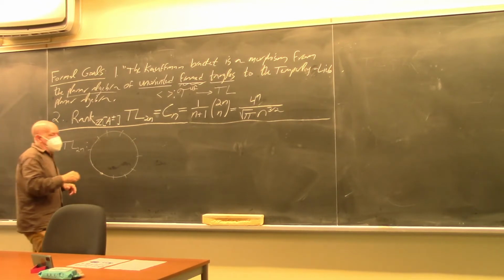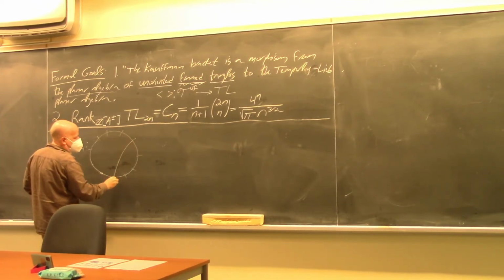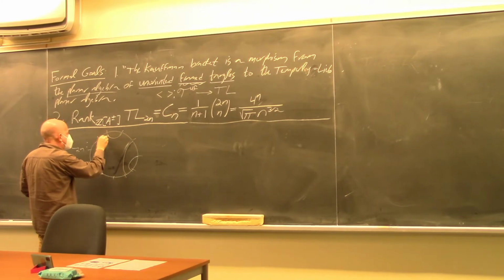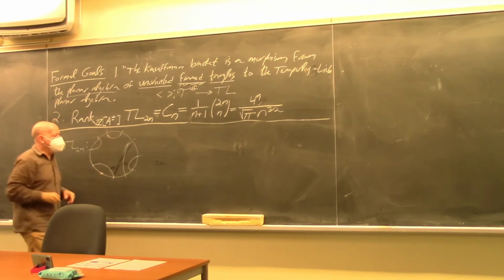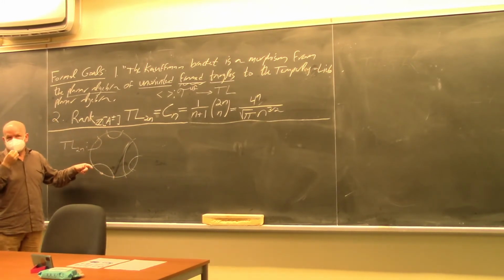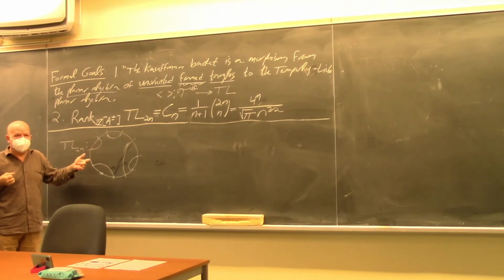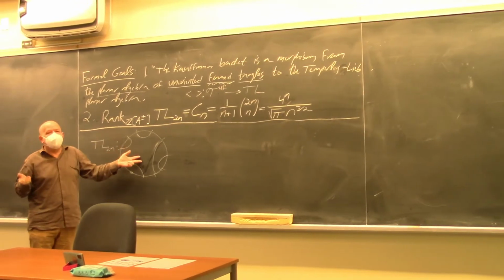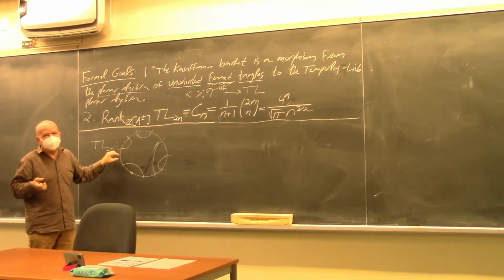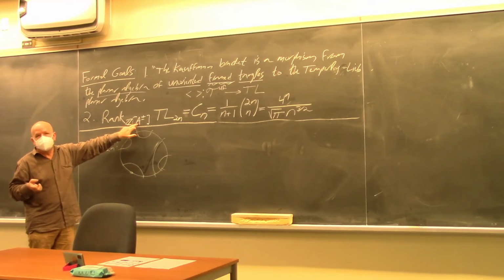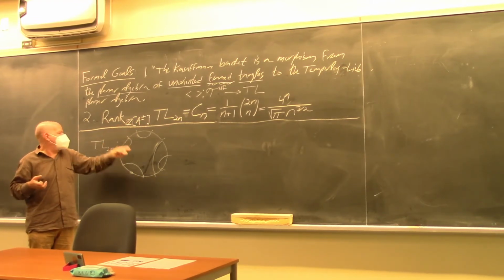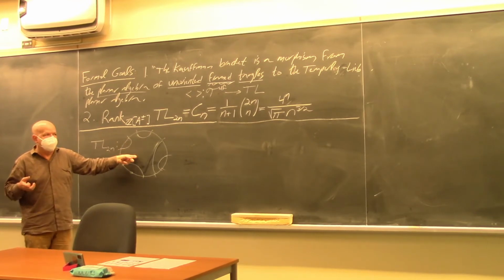Then you look at all ways of connecting them in pairs with no intersections, so planar connections. You take linear combinations of these with coefficients in the ring, so the rank will be the number of such diagrams.